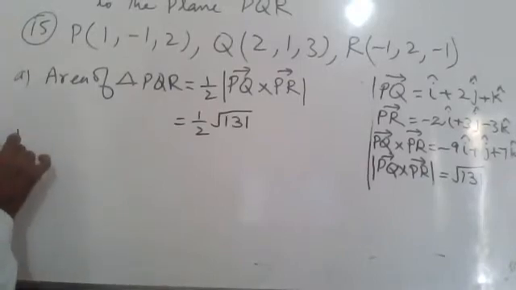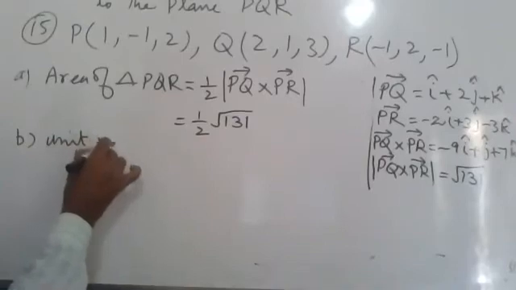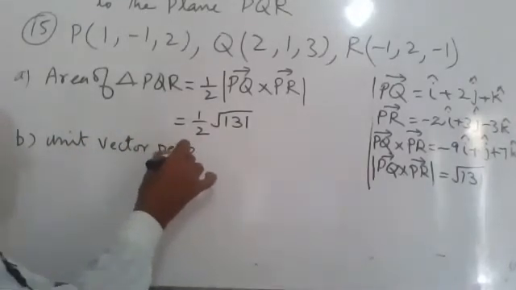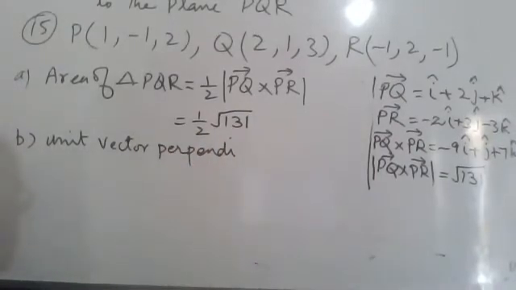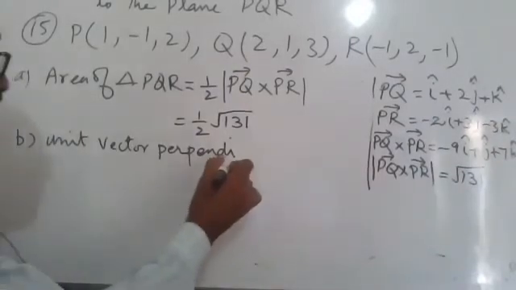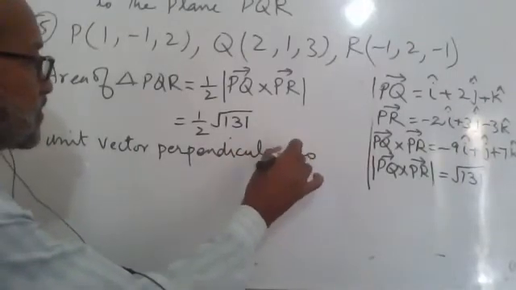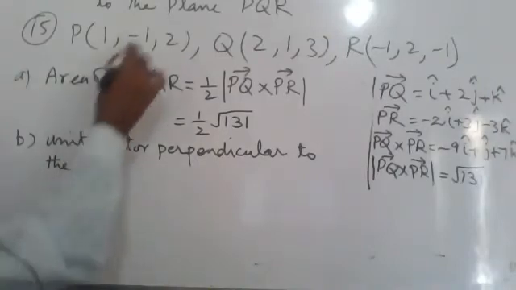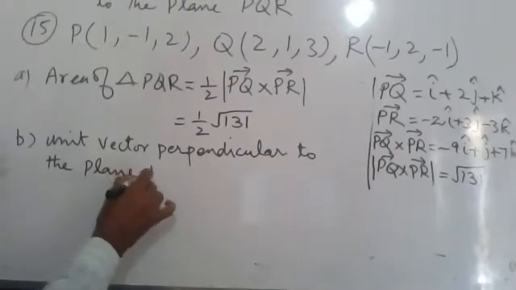So B part, unit vector perpendicular to the plane PQR.